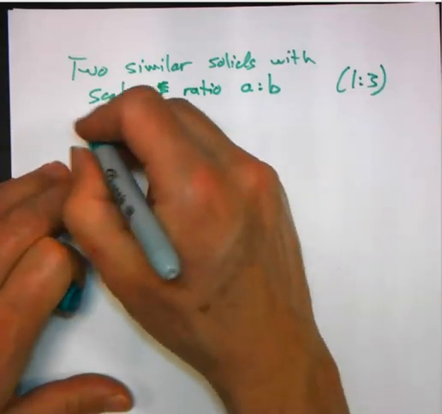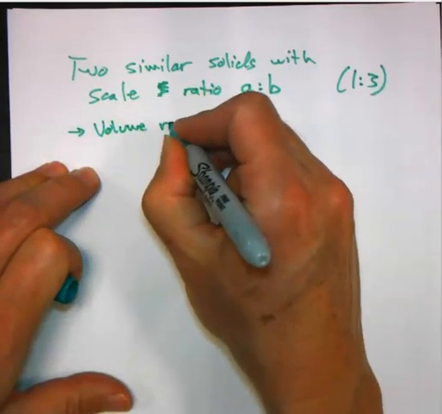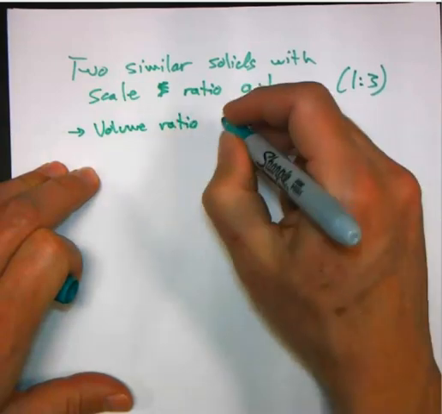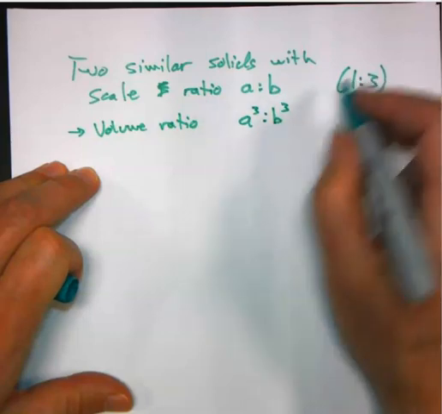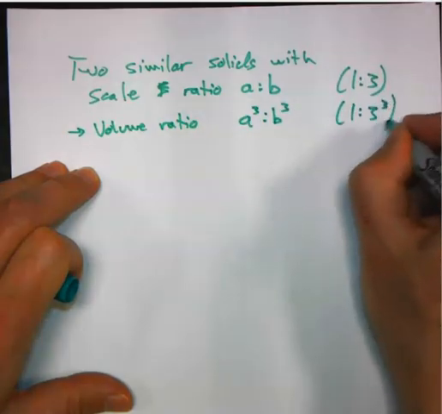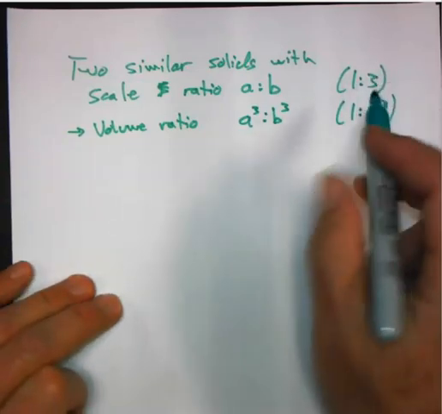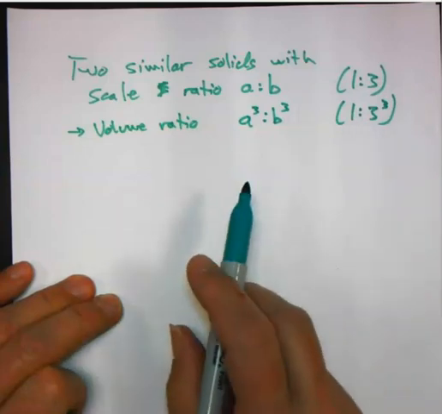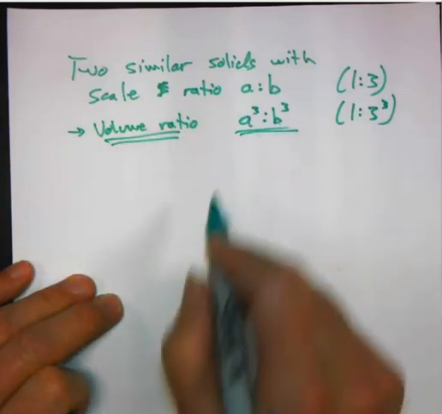That was the example. Then the volume ratio is just the cube, A cubed to B cubed. If A was equal to 1, which is very common, you're just cubing the B. So a tripling ratio goes into a 27-fold ratio here. So that volume ratio is a cube.